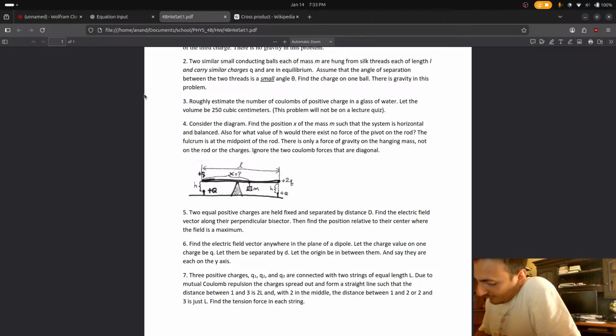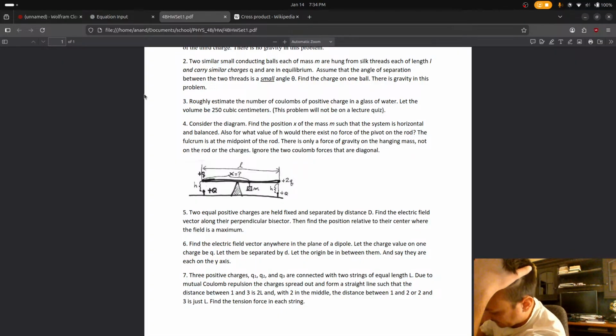We're going to get LKQQ over H squared minus LKQQ over 2H squared plus, it turns into a minus, mg times x minus L over 2 is equal to 0.